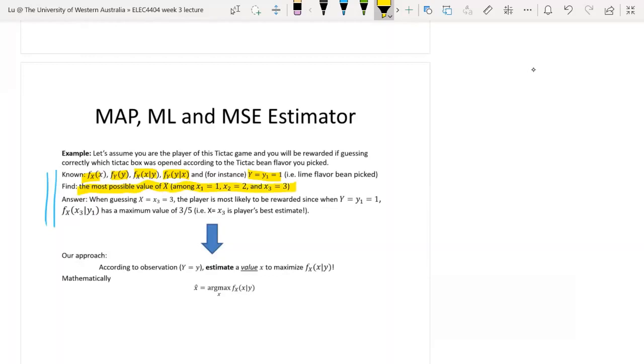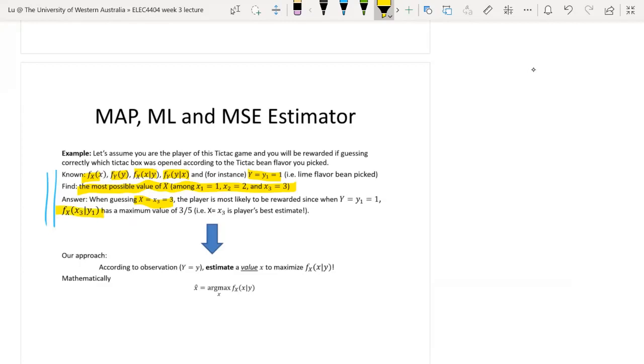So this is the mathematical way for this question. And our answer is x equal to x3, which is 3, because that one gave us the highest value of the probability, which is 3 over 5, as we mentioned. So the player is most likely to be awarded when y equal to y1 equal to 1, since this PMF gave us the highest probability value.